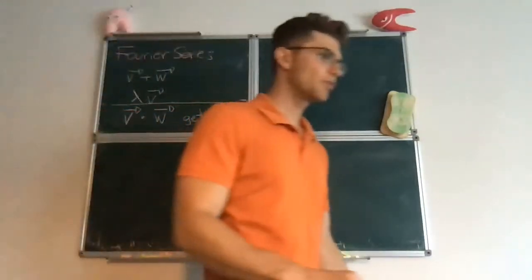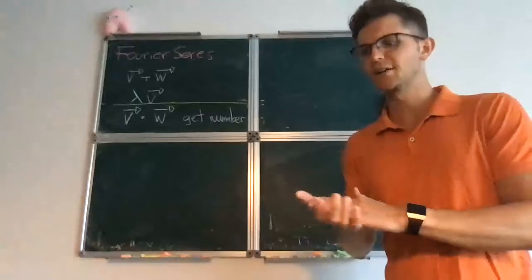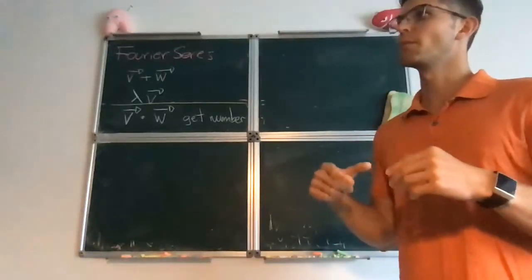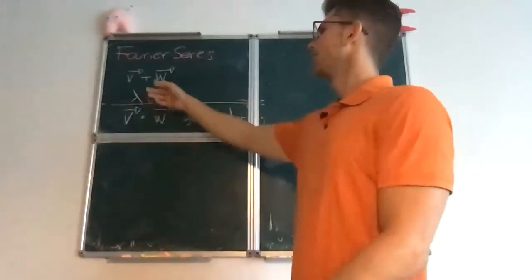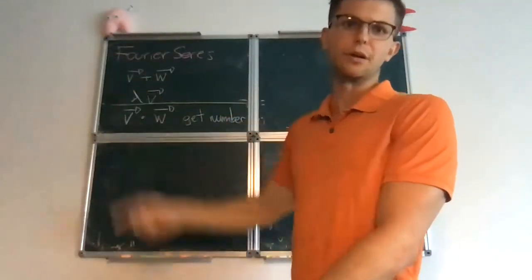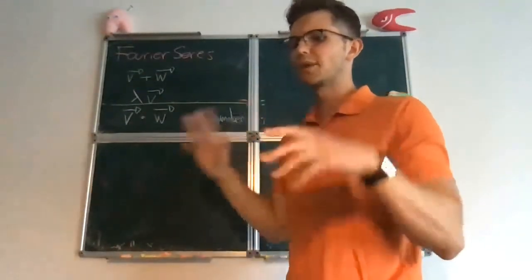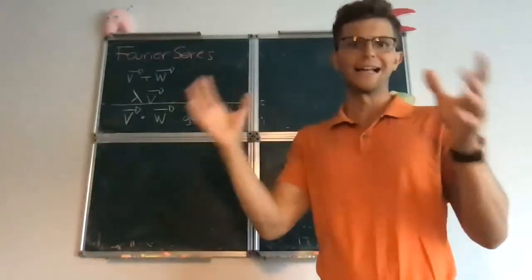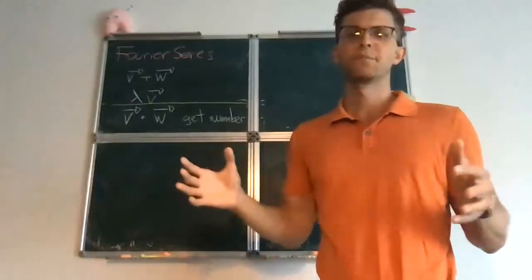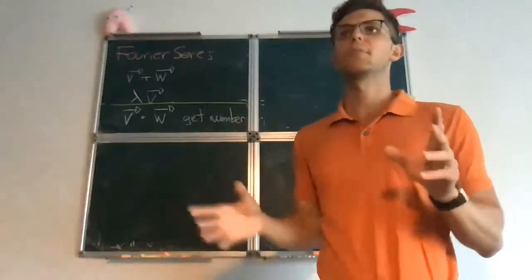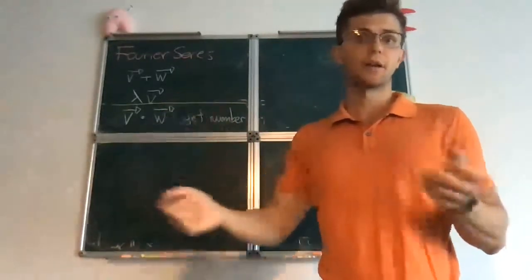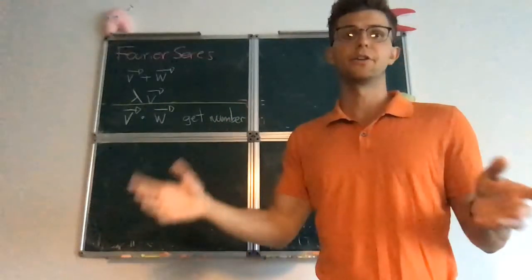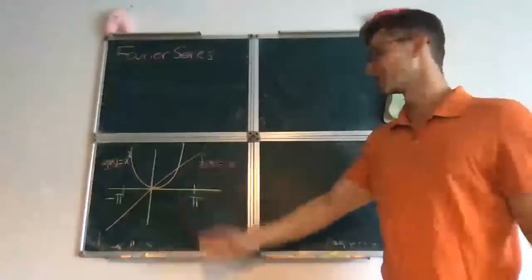But you may decide to call a vector any object for which you can perform these two operations. So if you have a class of mathematical objects, and you can add them together and multiply that object by a real number and get a new object.